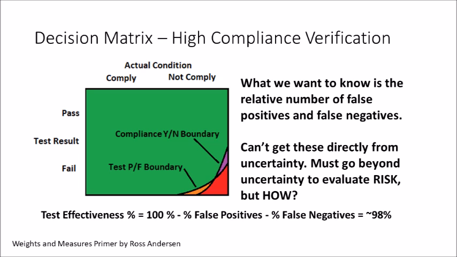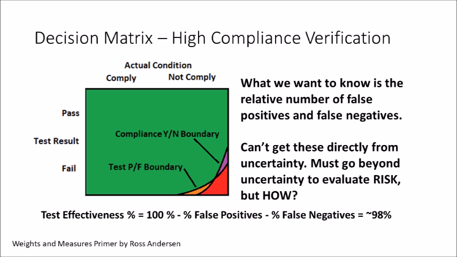Where it was 25% each in the earlier figure, now you can see it's nearly about 1% each, which means the test effectiveness has gone from 50% effective to about 98%. So basically 100% minus the false positives and false negatives. It is the actual number of false positives and false negatives that we're really interested in because that tells us about risk.